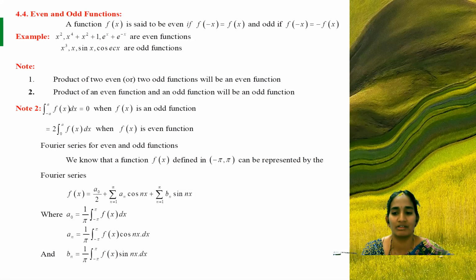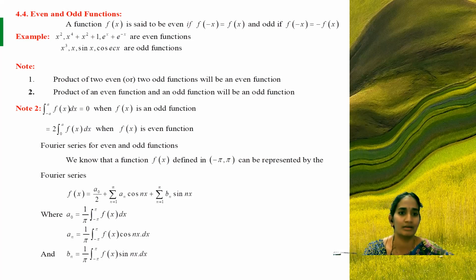Suppose you are given the function f of x equals x or x cube. You replace every x with minus x, and once again we are getting minus x. So that means your function is changing to negative: f of minus x equals minus f of x. That function is odd. If f of minus x equals f of x once again, that is an even function.